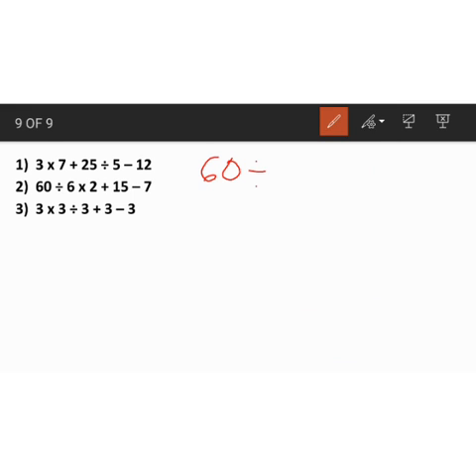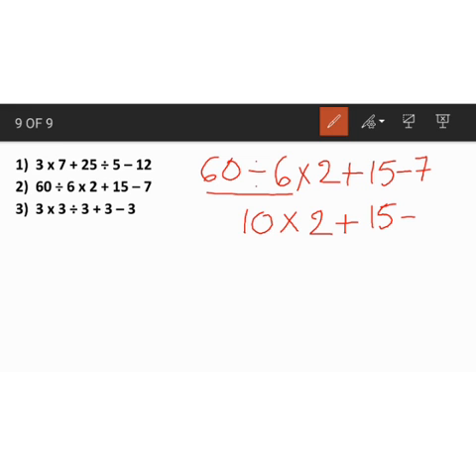So our next one is 60 divided by 6 into 2 plus 15 minus 7. We have to do the division first. So 60 divided by 6, it will be 10 into 2 plus 15 minus 7. So now we have to do the multiplication, that is 10 into 2.